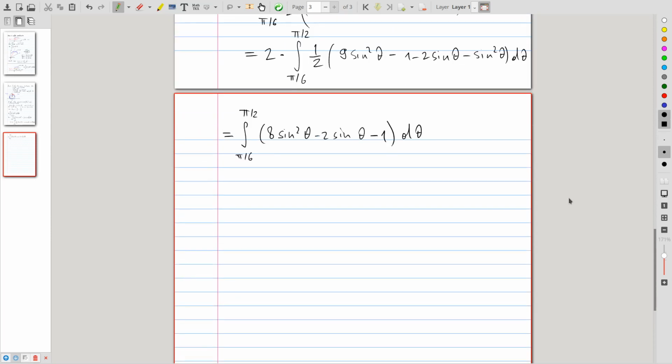Well, we can certainly take care of this term and the constant term. So the only issue here is the term quadratic in sine. And to deal with that, we'll use the half-angle formula.